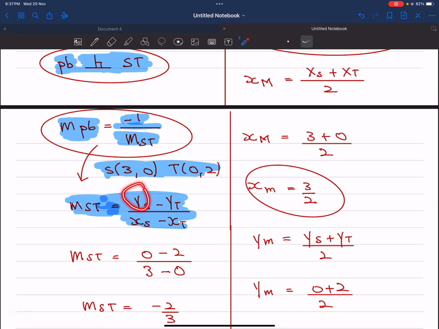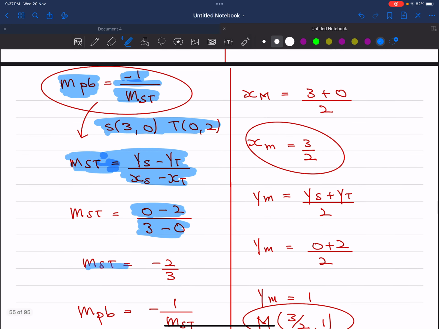So ys is 0, yt is 2, so 0 minus 2. xs minus xt, that is 3 minus 0. So we will get the gradient of ST as negative 2 over 3.